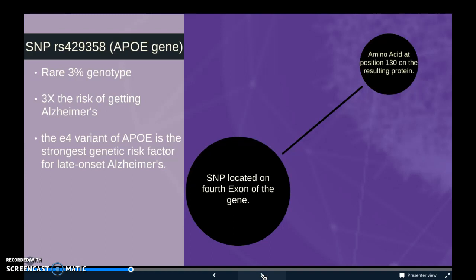The genotype of C and T increases the risk, with a greater than 3 times increased risk for Alzheimer's, and T and T is the common genotype with 0 magnitude. The rs429358 SNP is located in the 4th exon of the APOE gene and affects the amino acid at position 130 on the resulting protein. Allele T is the more common for this SNP because of the E3 variant. It makes sense that the gene impacts risk.